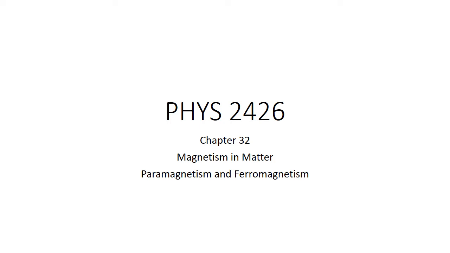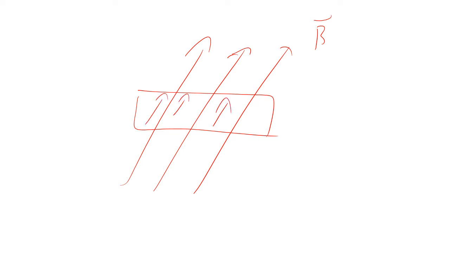So now I want to talk about paramagnetism and ferromagnetism. With paramagnetism, what happens is you apply a magnetic field to a material. So you've got some material here, and you apply a magnetic field to it and you induce a magnetic field in here, which actually ends up amplifying your magnetic field.